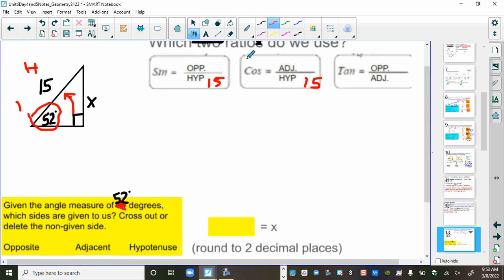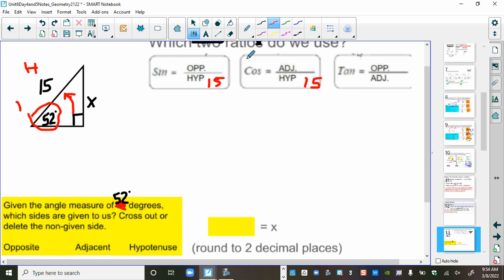Now, what else is given to us? Besides our hypotenuse, what else? With respect to the angle. Look at our angle. You know it's an X. Where's the X located?